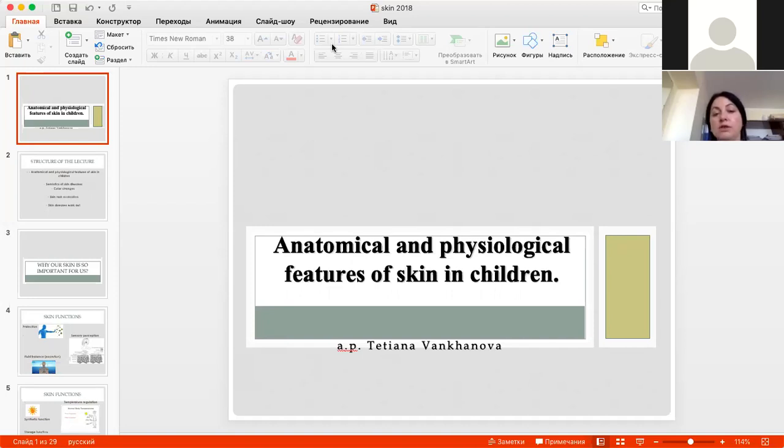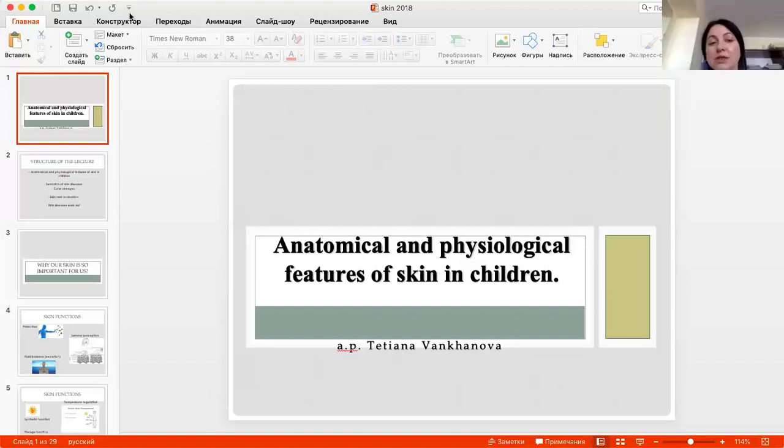Hello, guys, and today we start the great topic of anatomical and physiological features of different organs and systems. It means anatomical and physiological features of some organs in children.